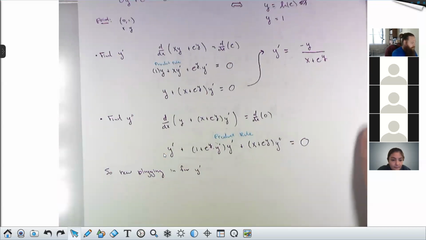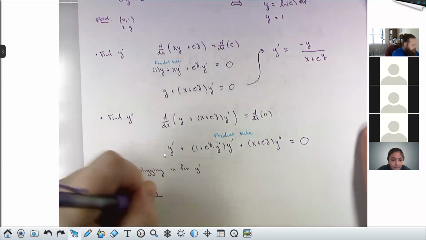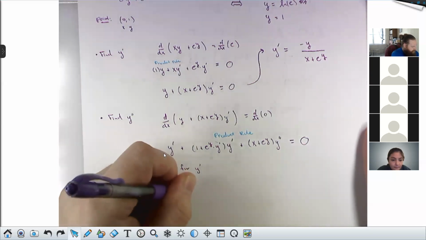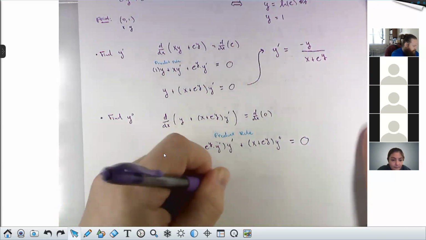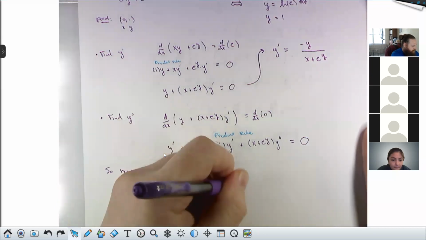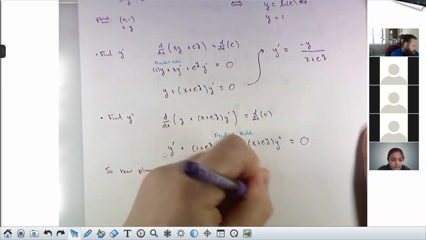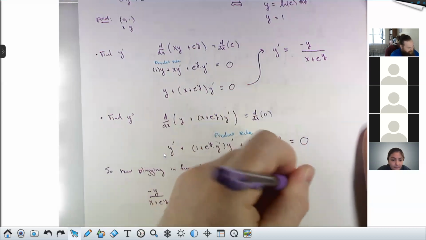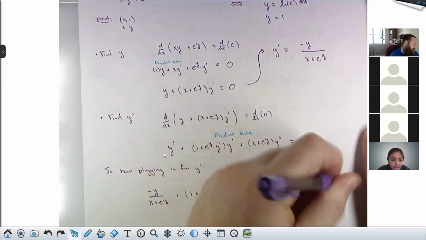So now if I plug in for y prime, I have negative y over x plus e to the y, plus 1 plus e to the y times negative y over x plus e to the y, plus x plus e to the y times y double prime equals 0.